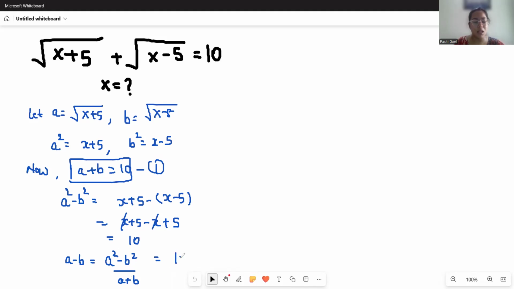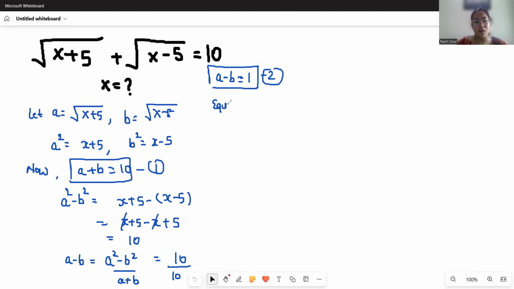So this is 10 by a + b, which is also 10 as per the equation. So what is the value of a − b? It is 1. I am considering this as equation number 2.